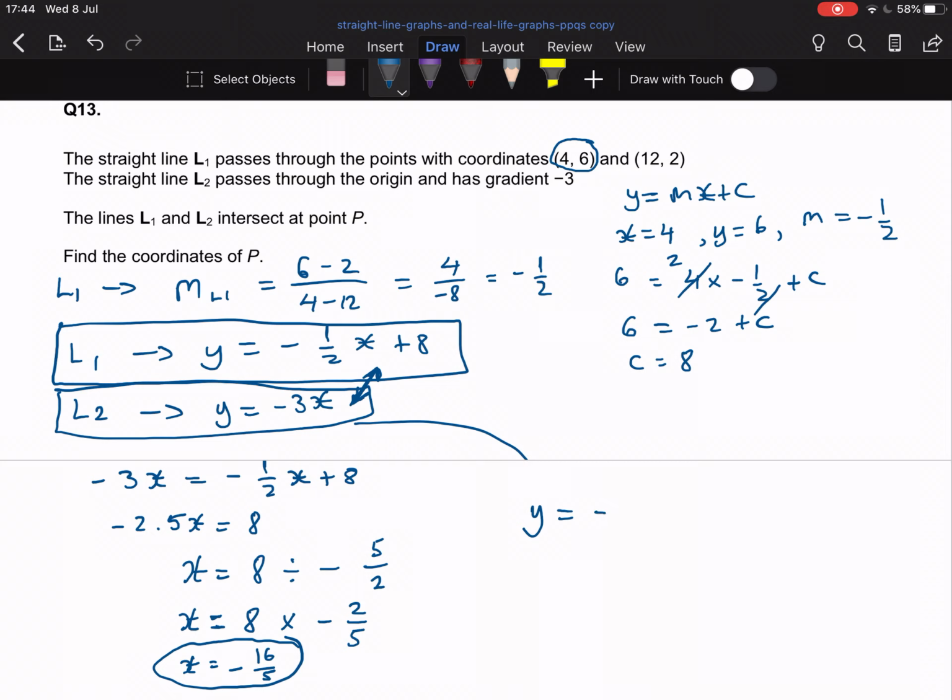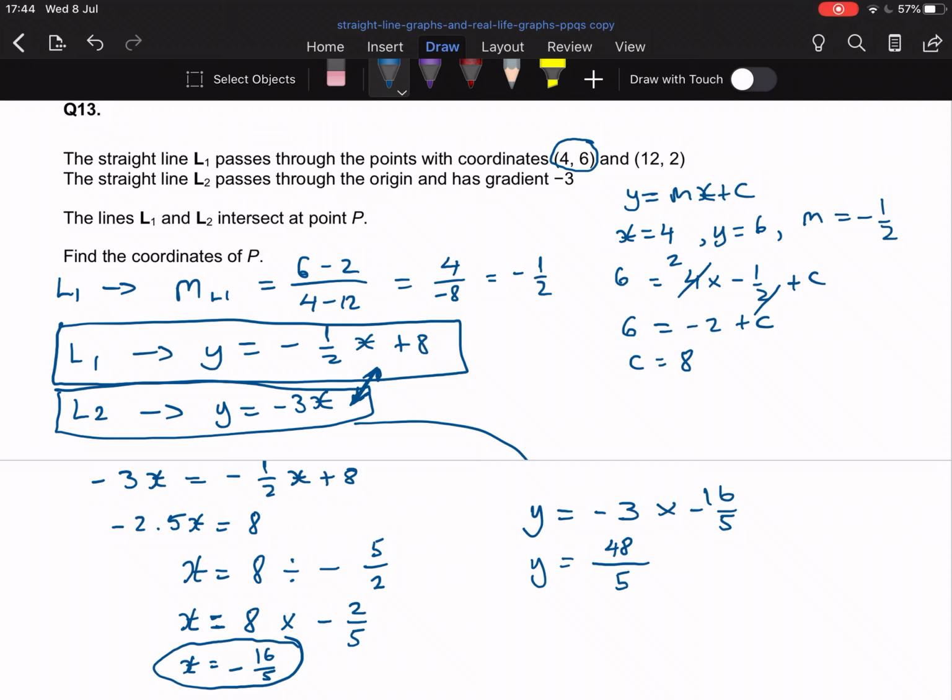So y is equal to -3 times -16/5. Minus times minus is a plus, so I know my final answer is going to be a positive number. 16 times 3, I'm getting 48. And the denominator stays the same.